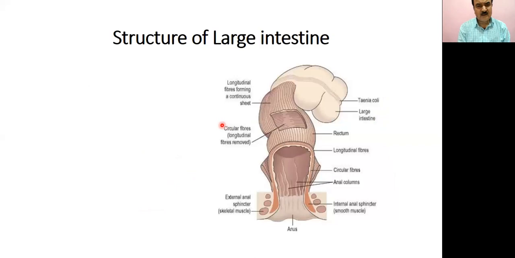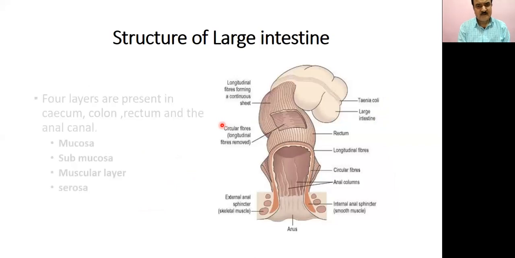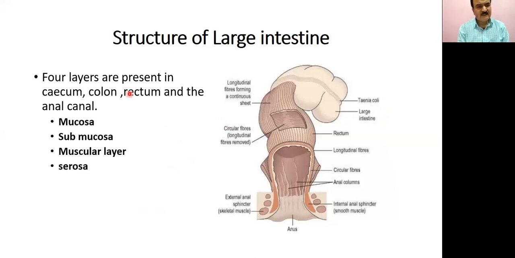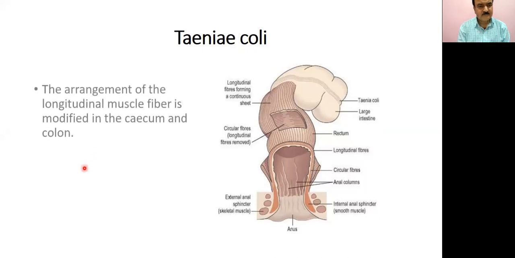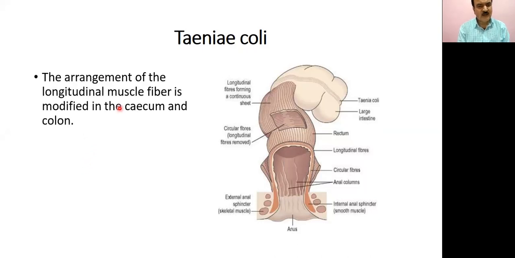The structure of the large intestine. Four layers are present in the cecum, colon, rectum, and the anal canal: mucosa, submucosa, muscular layer, and the serosa, as is a general rule for the alimentary canal. The arrangement of the muscle fibers is modified in the cecum and colon.